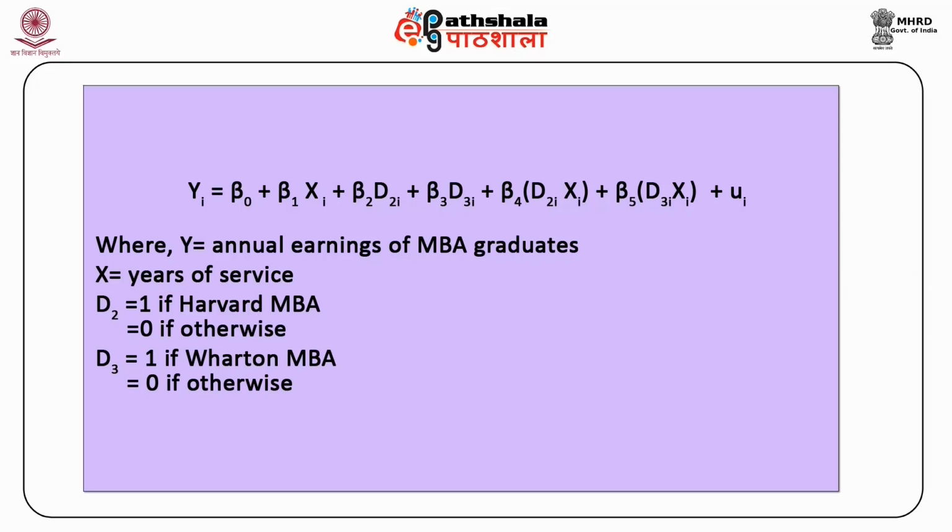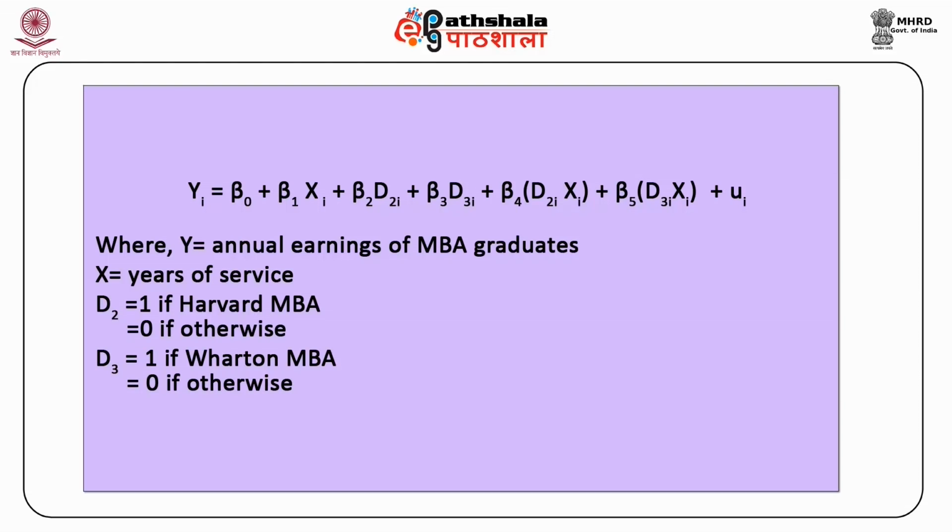Here beta 2 tells us by how much the average salary of a Harvard MBA differs from the base category, which is non-Harvard and non-Wharton. Similarly, beta 3 tells us by how much the average salary of a Wharton MBA differs from the base category, that is non-Harvard and non-Wharton.